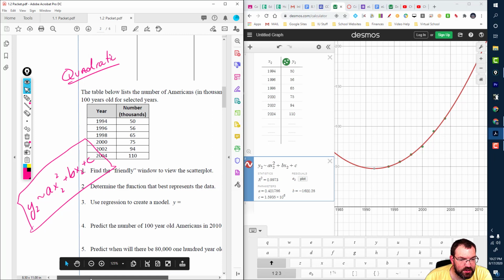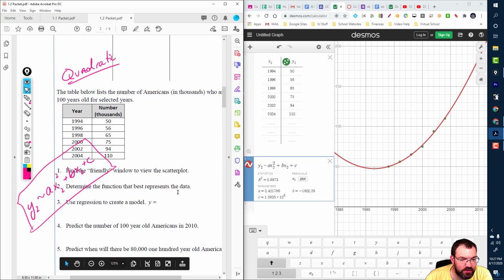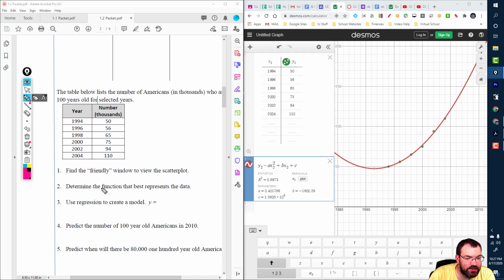So now how do I write my equation? Part 2 of this says determine the function that represents the data. So I'm going to say that it is quadratic. The model is going to be y equals, remember, ax squared. So a right here is 0.401786. If you want to go 3 places, that's fine, so round to 3.